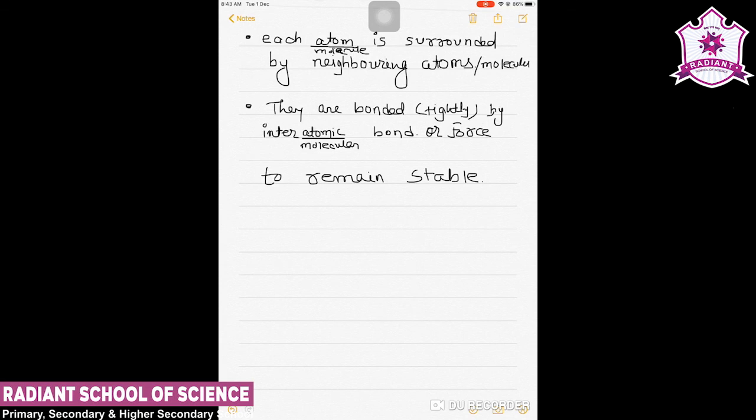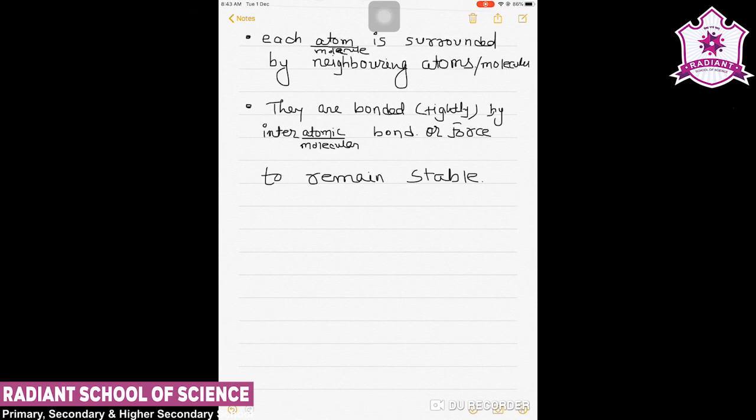When a solid is deformed, the atoms or molecules are displaced from their equilibrium position, causing a change in the interatomic or intermolecular distances.